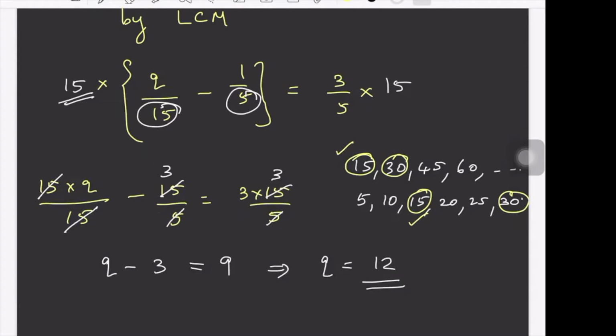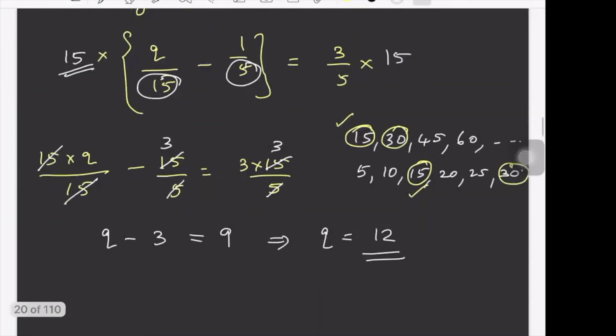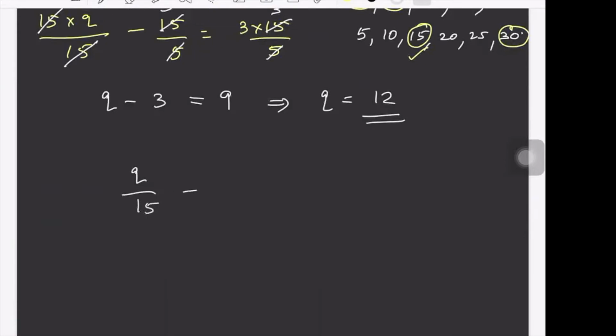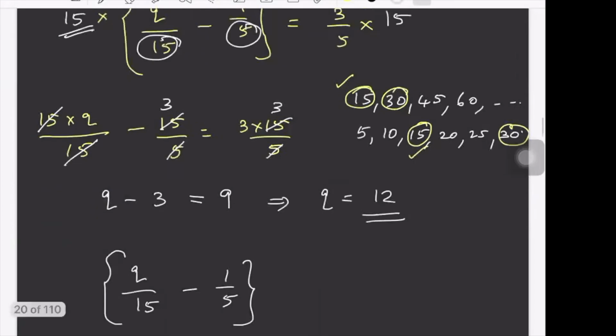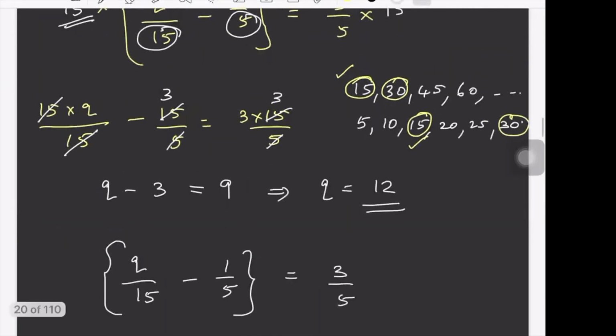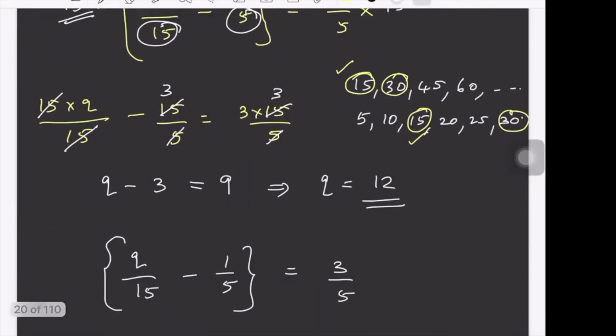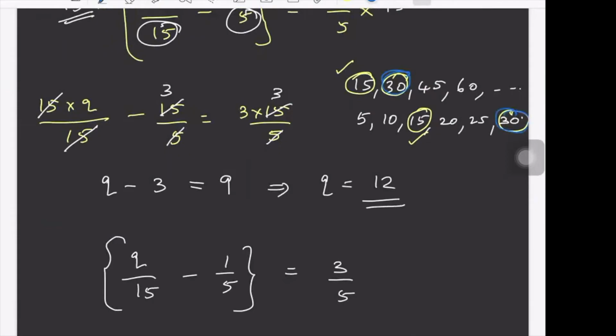Of course, you could have chosen 30. There's no issue with choosing 30. See, what if I had multiplied with 30? We have q by 15 minus 1 by 5 is equal to 3 by 5. 30 is a common multiple, but it is not the least common multiple.